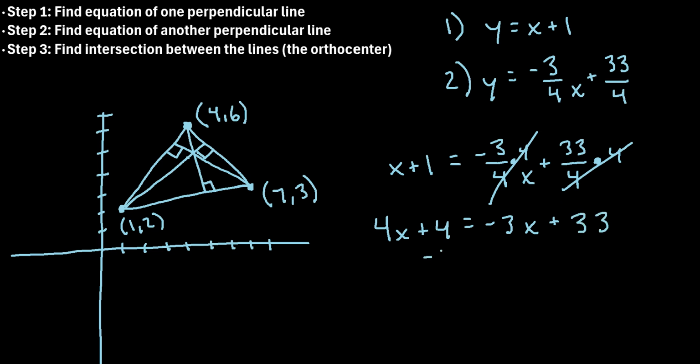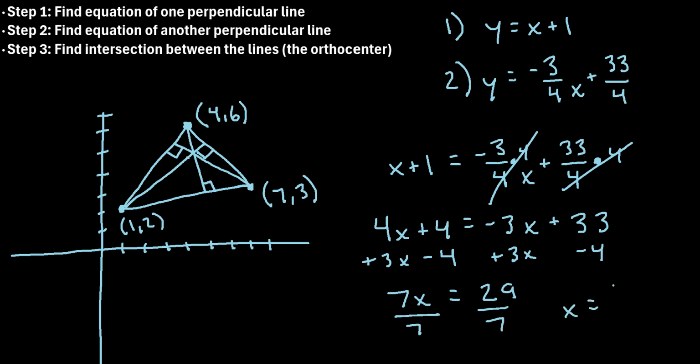So if we subtract a 4 from each side, and then if we add a 3x to each side, we will have 4x plus 3x is 7x is equal to 33 minus 4, that is 29. To solve for x, we can divide by 7, and we get x is equal to 29 over 7.